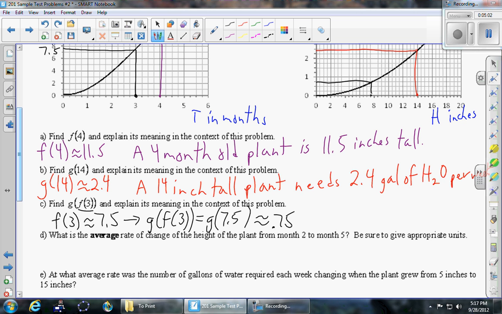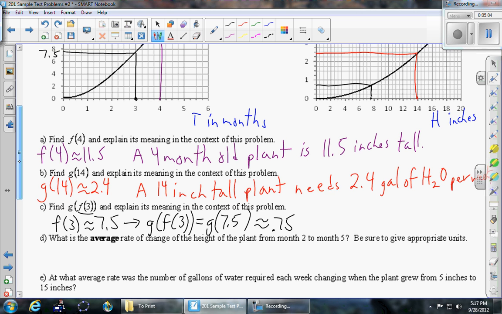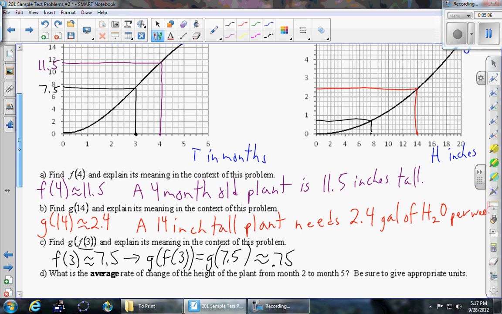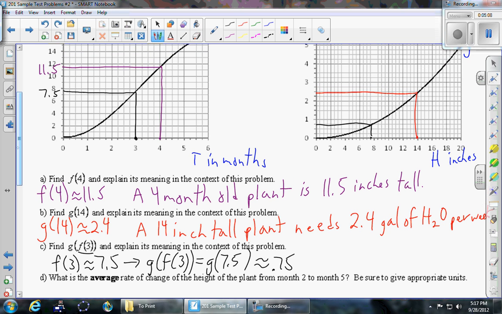Okay, so I'm going to use 3 numbers as I explain this, but I'm only going to write 2 of them in the sentence that we actually write in the answer. So the original input was 3 somethings. Somehow that 3 turned into a 7.5, and then the 7.5 finally turned into a 0.75. So there were 3 numbers here. The first one is the 3. That's the input for the f function, which is measuring time in months.